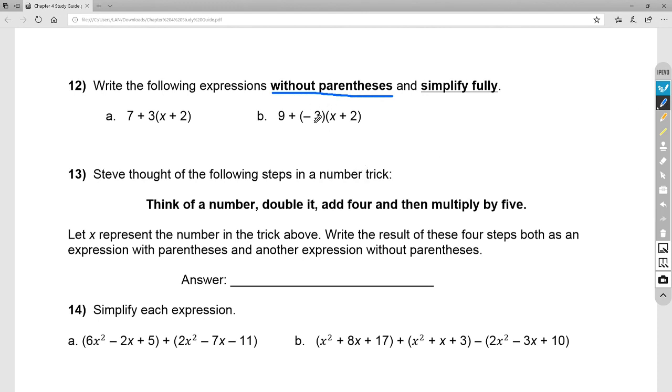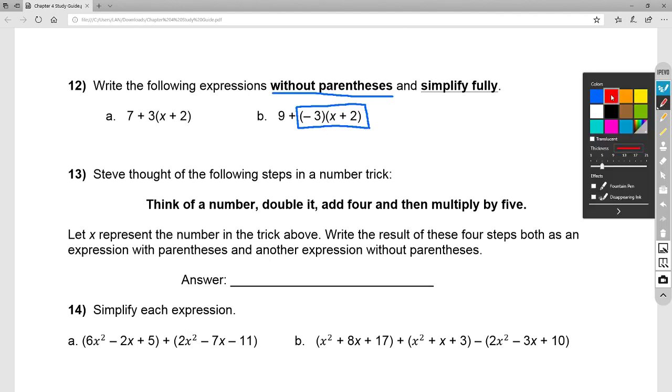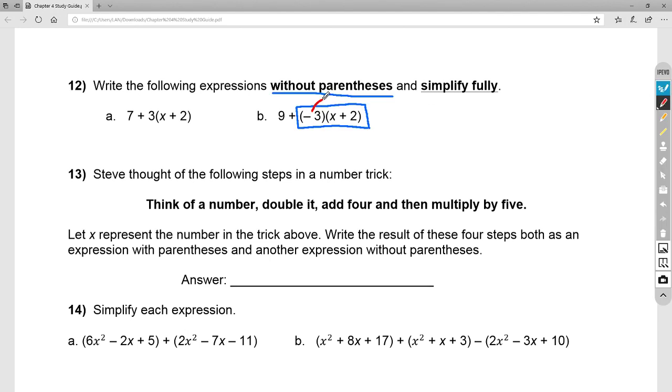So looking at B, you can see my distributive property expression is located here, right? You have your x plus 2 in parentheses. Outside of the parentheses, you have your negative 3. Okay, so what we need to do, remember we talked about it needs to be a double rainbow, because you have to take the number outside of the parentheses, which is your negative 3, and multiply it by each number inside of the parentheses.